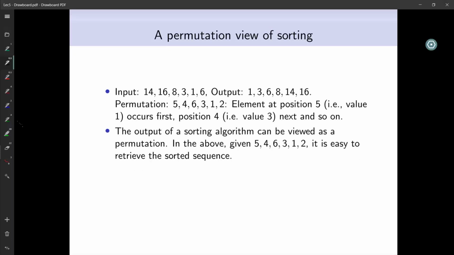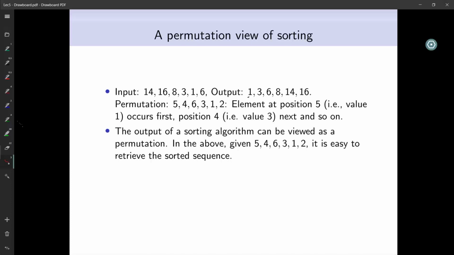So the viewpoint that we are going to take is the following. We'll view the output of a sorting algorithm as simply a permutation. Instead of the sorted array, it's equivalent to consider this permutation. Once you know this permutation, you know what the sorted array is, and once you know the sorted array, you know what the permutation is.